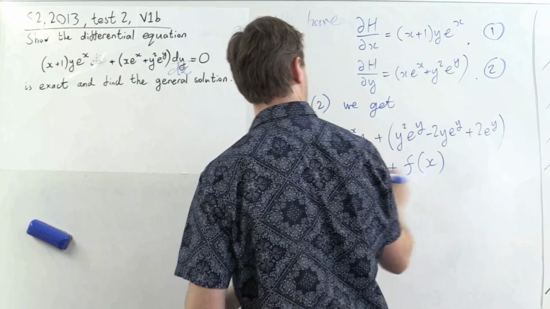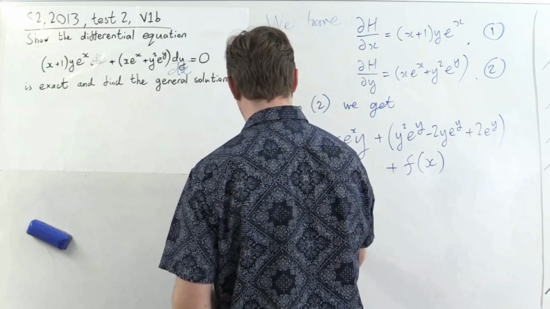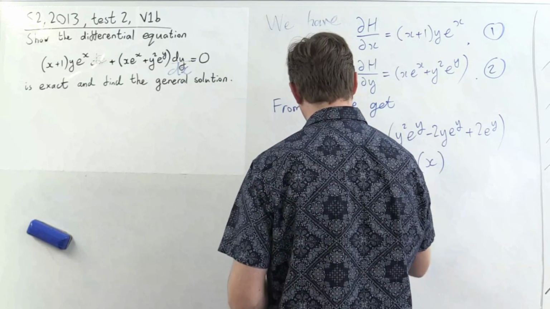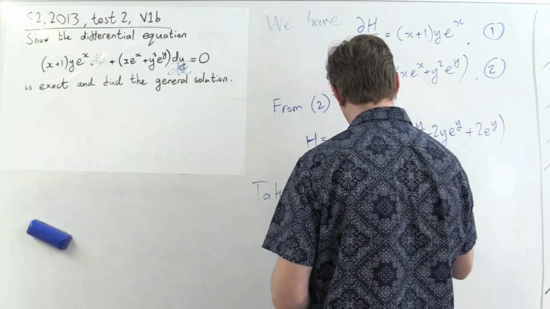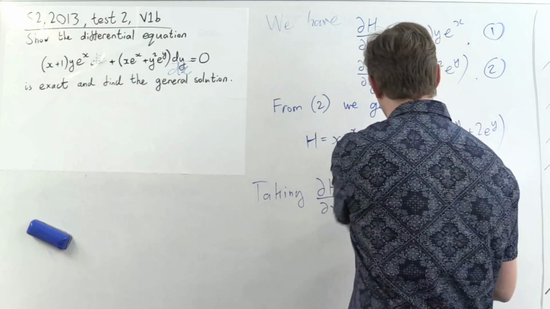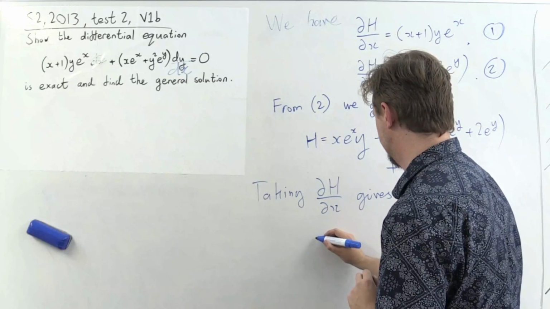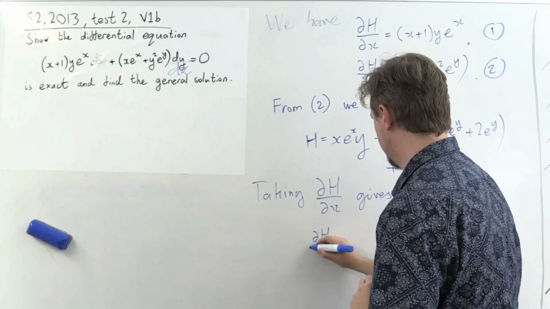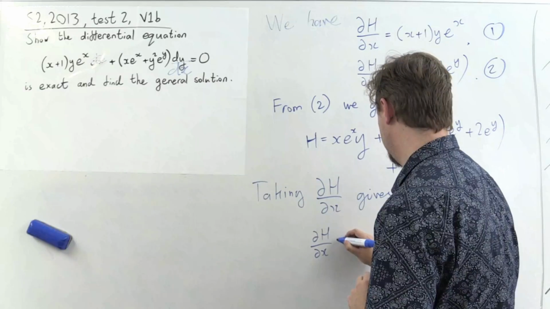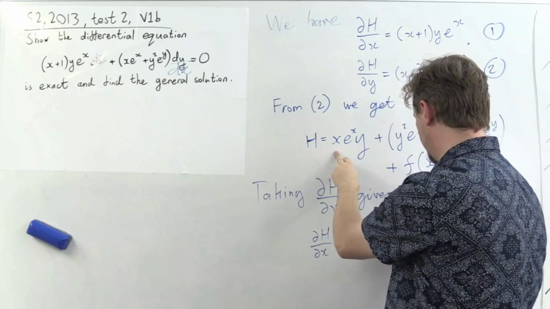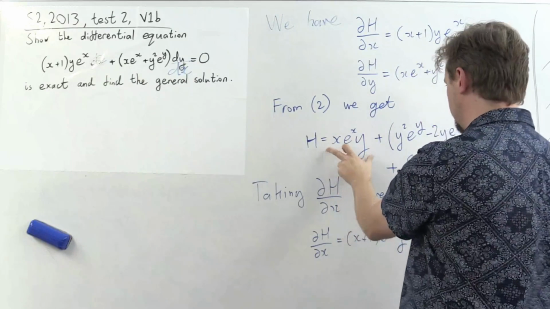So taking dh/dx, if I take the derivative of this in the x direction, I'm going to get dh/dx equal to, well, if you take the derivative of this term, it just turns into this.